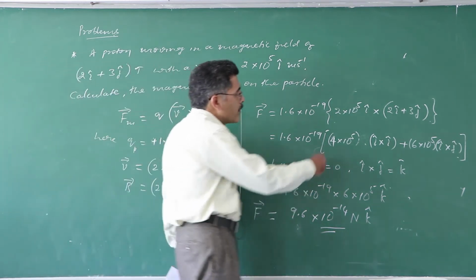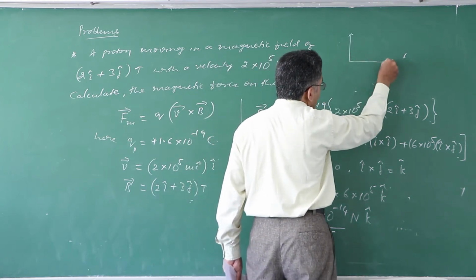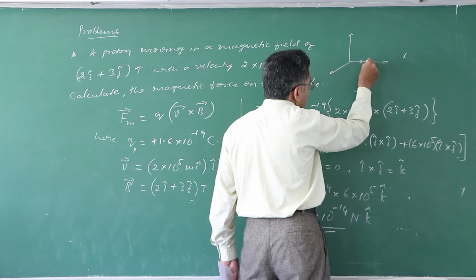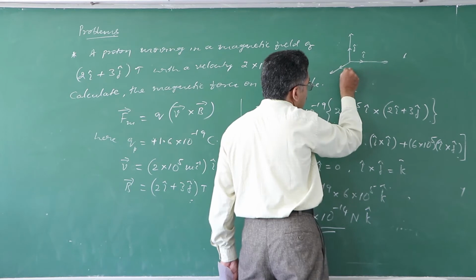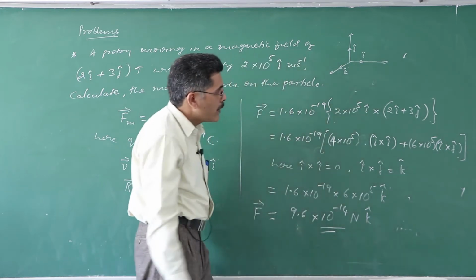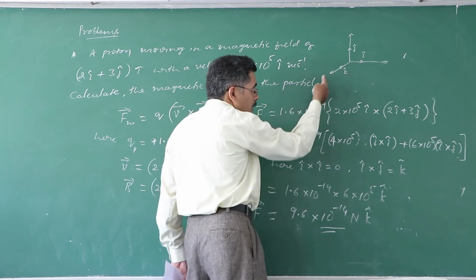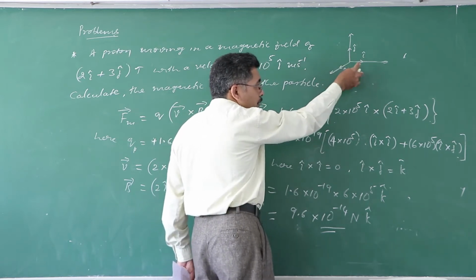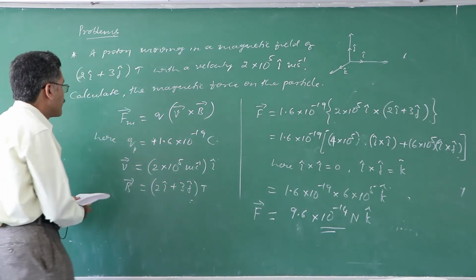Suppose you take three vectors: this is î, this is ĵ, and this is k̂. Here you found that the force is acting in this direction. It is perpendicular to both these vectors.